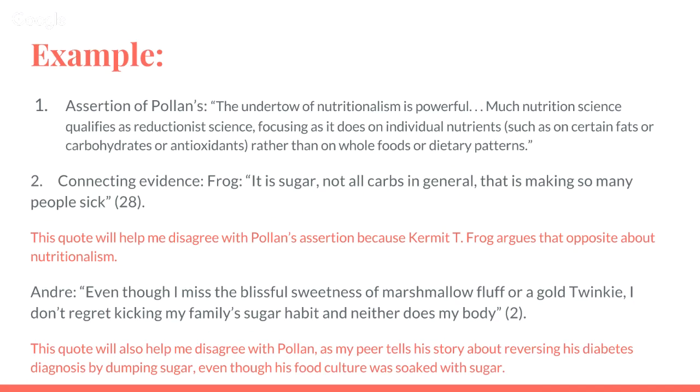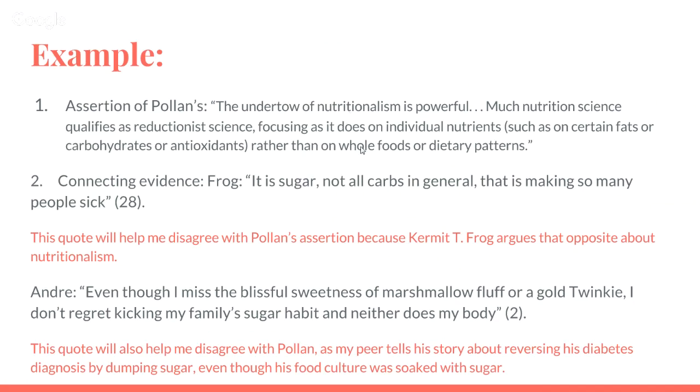So I think I can connect this idea of nutritionism to, this is a fake paper by Kermit T. Frog, "It is sugar, not all carbs in general, that is making so many people sick." So this is focusing on an individual nutrient in this quote. So these two quotations are connected, but this quote disagrees with that quote.